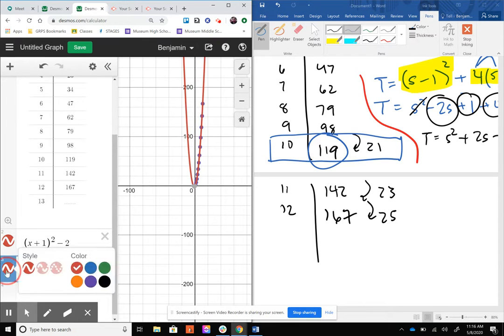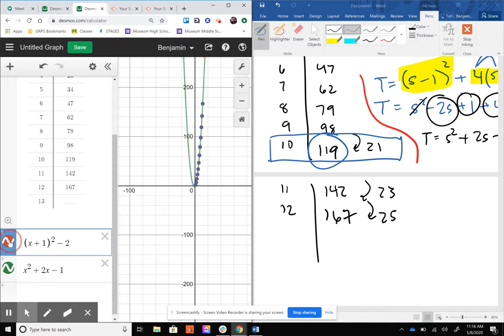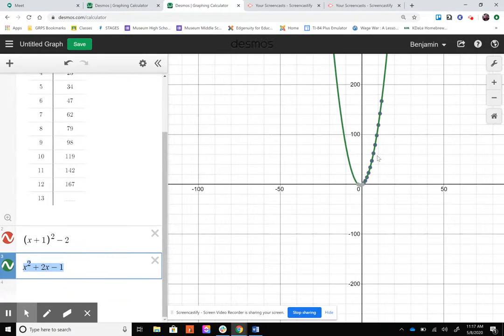And let's change the color. Let's go green. If I turn the red off, they happen to be in the same spot. These are written differently, but they represent the same graph. Same graph, written differently.